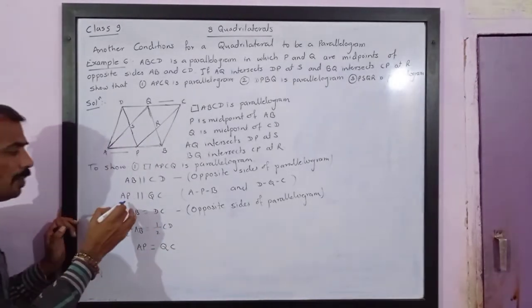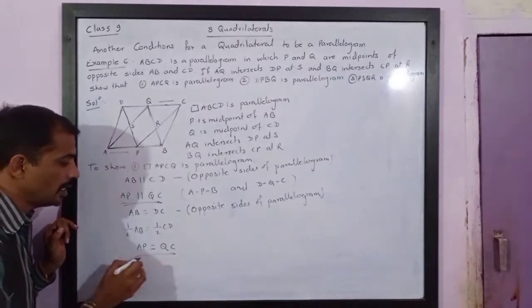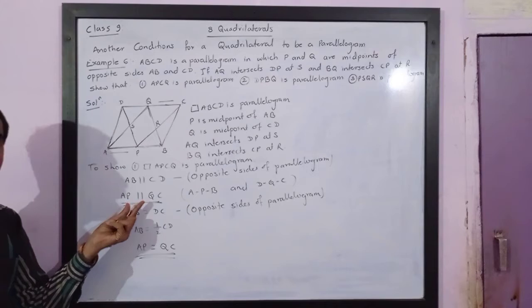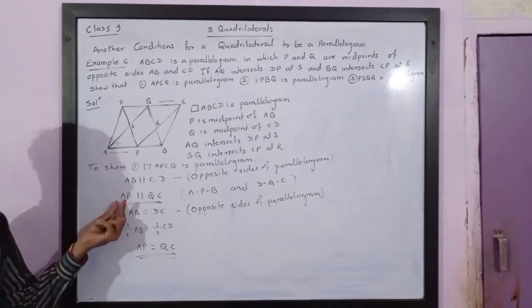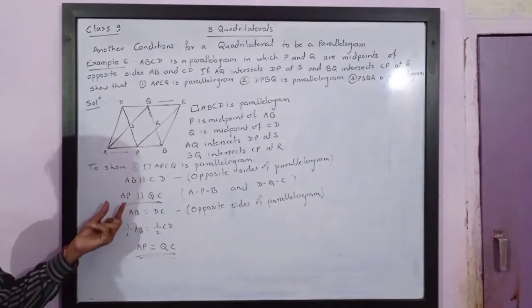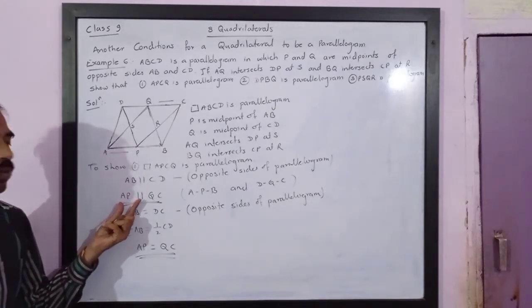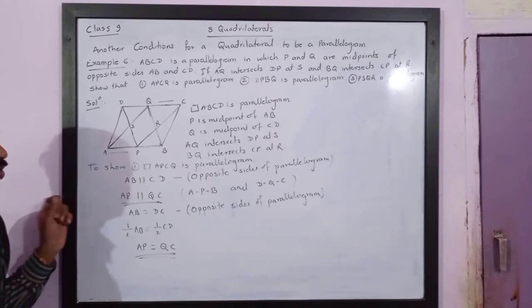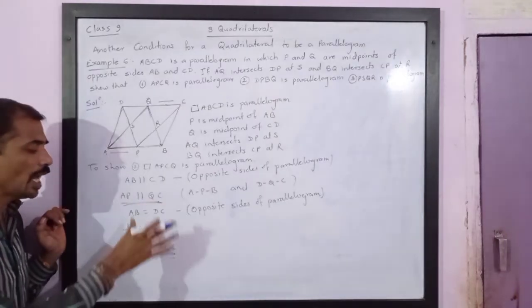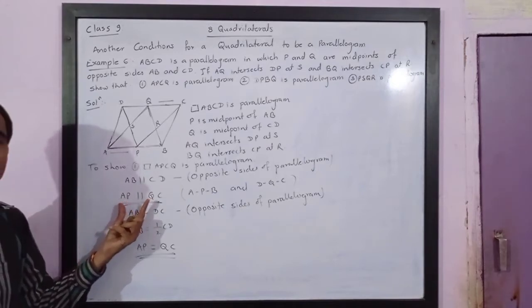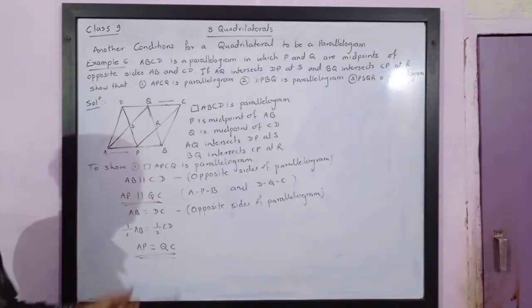Now watch carefully. One pair is parallel and equal also. We have just proved before this in theorem number 8 that if one pair of opposite sides of a quadrilateral is equal as well as parallel, then the quadrilateral is a parallelogram.